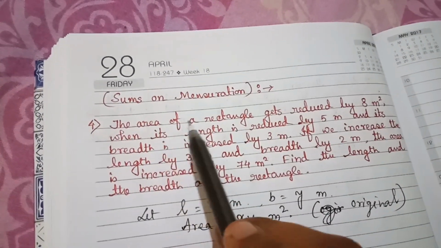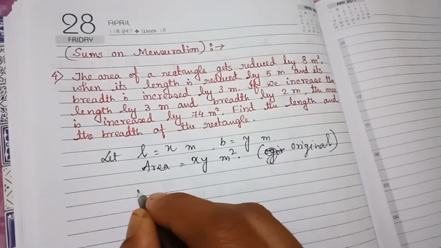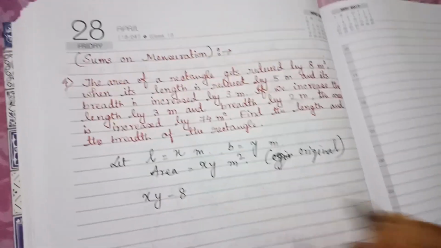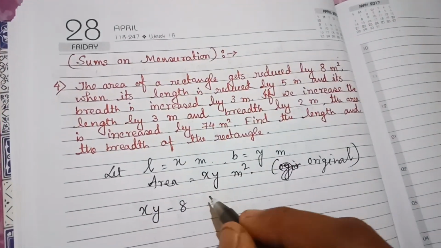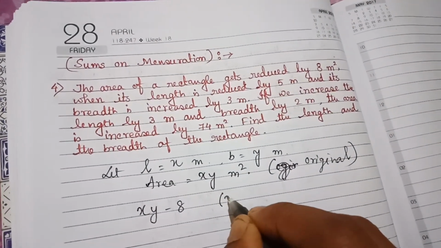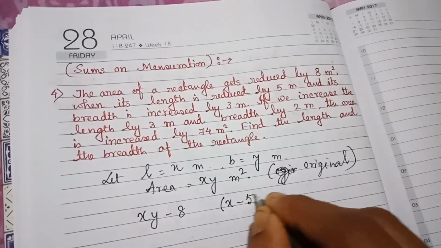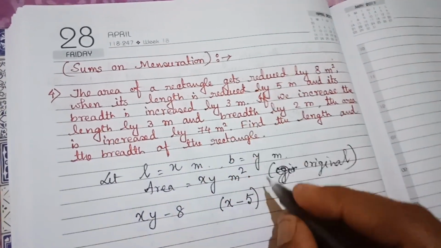Now look, the area of a rectangle gets reduced by 8 meter square, that means xy minus 8, right? When its length is reduced by 5 meter, that means x minus 5, and breadth is increased by 3 meter.